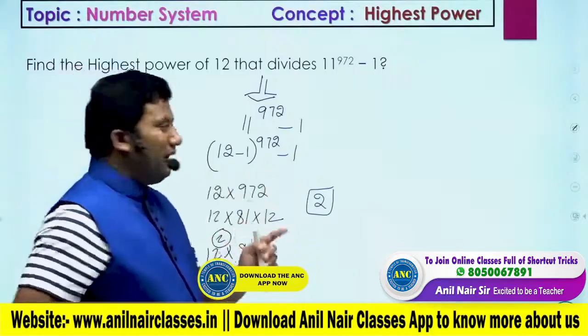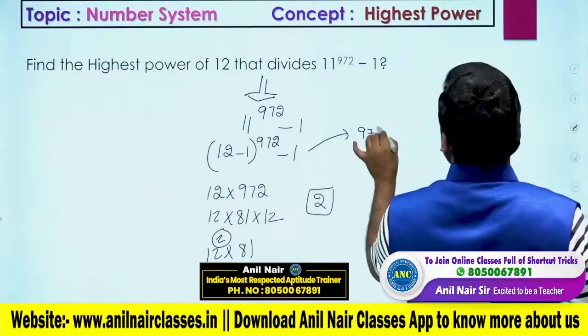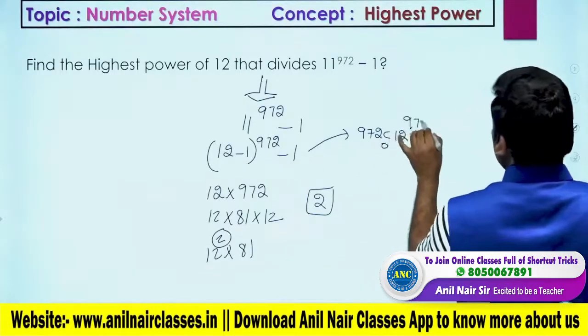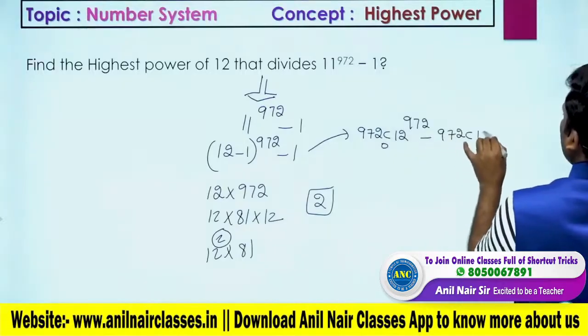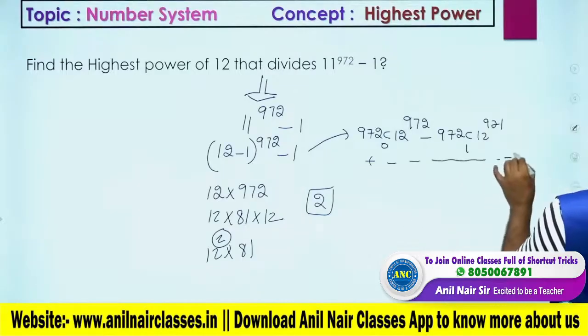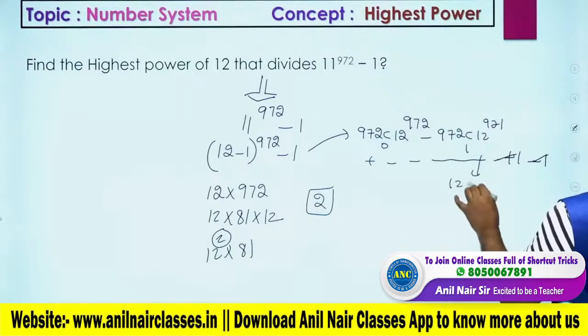If I expand it, that's where you get it: 972 C0 12 power 972, minus 972 C1 12 power 971. Like that, I kept on writing; plus 1 minus 1 cancel. This value will be 12 into 981.